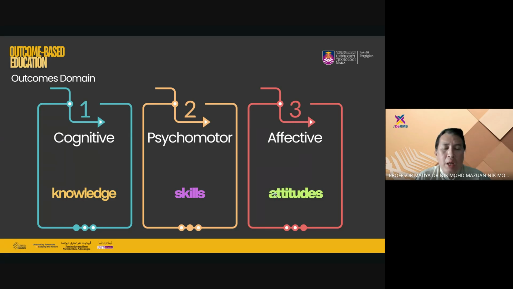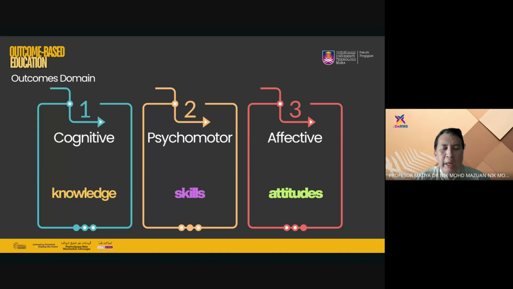Just to highlight, when you make up the learning outcomes, please do not mix or have more than one domain. Cognitive alone, psychomotor alone, affective alone. Do not mix cognitive and affective, if possible.